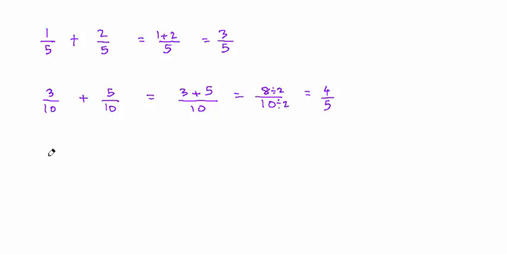But then the obvious question is, how do you add two fractions that are on different denominators? For example, if you have 3/5 to be added to, let's say 1/10. If you do the same process and do 3 plus 1 on the top, what do you do on the bottom? Do you write a 5 or do you write a 10?